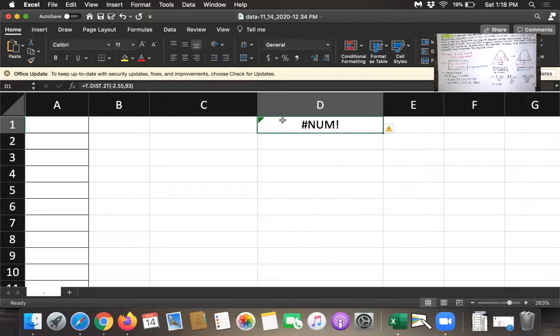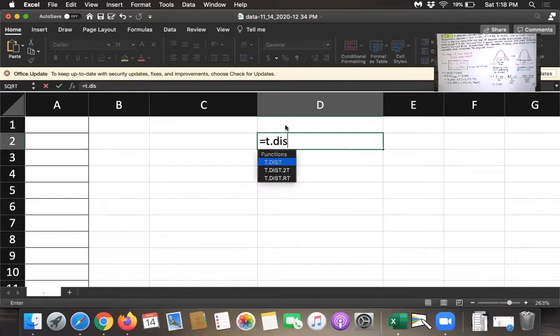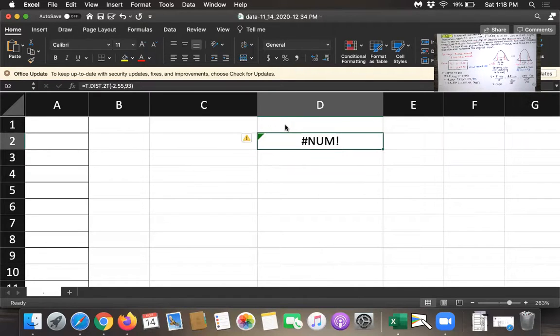It's not liking that. Maybe I didn't enter it correctly. T is negative 2.55 and the degrees of freedom are 93. Huh. I don't know why it's not liking that today. It worked just fine yesterday.